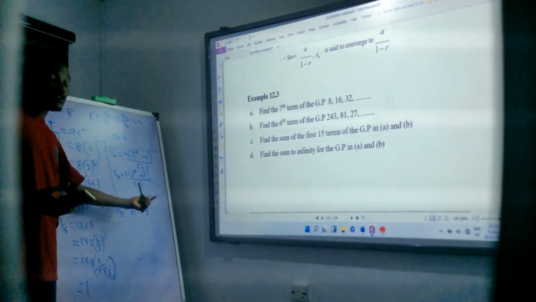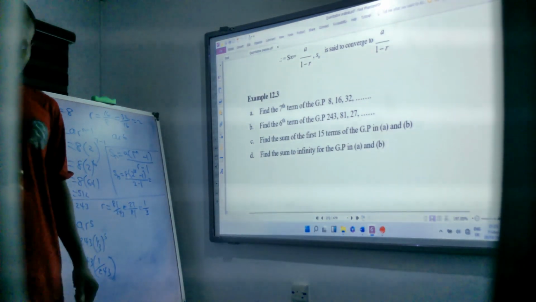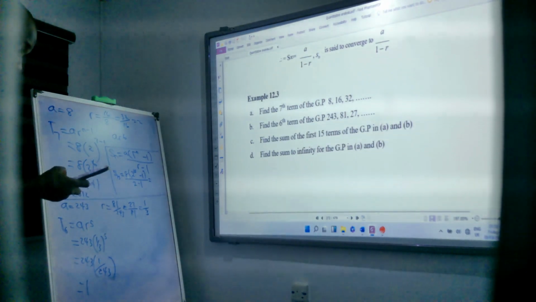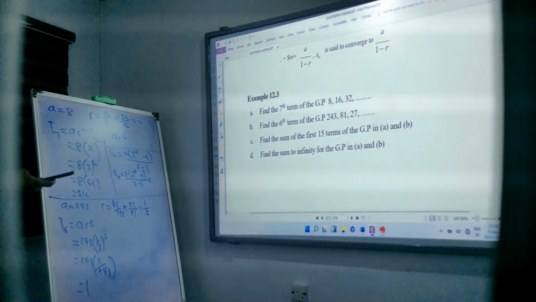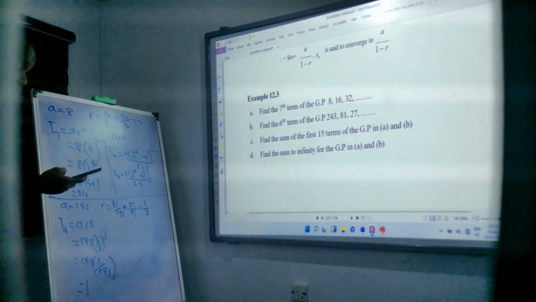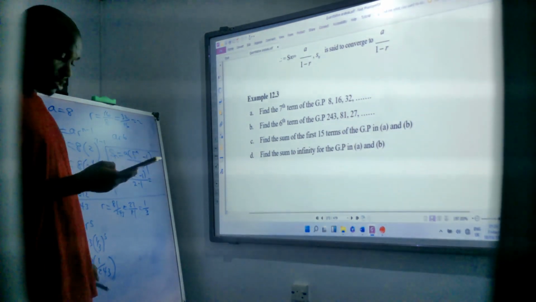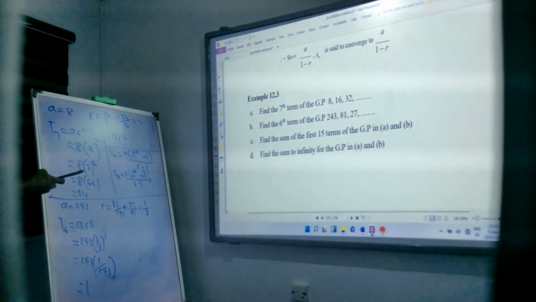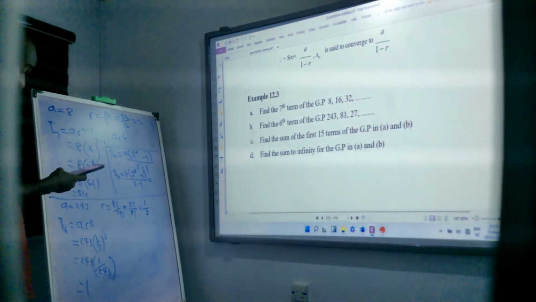So what is 2 raised to the power 15? I will subtract 1, multiply by 8 and divide by 1. 2 minus 1 is 1. So I have 2 raised to the power 15 minus 1, that gives me 32,767.